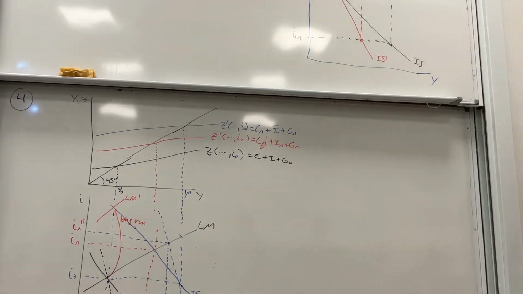What are the effects of the exchange rate? How can we look at current account deficits? We have more exports and imports. How can we find equilibrium in the goods market and financial markets? I.e., what's the IS-LM model in an open economy?